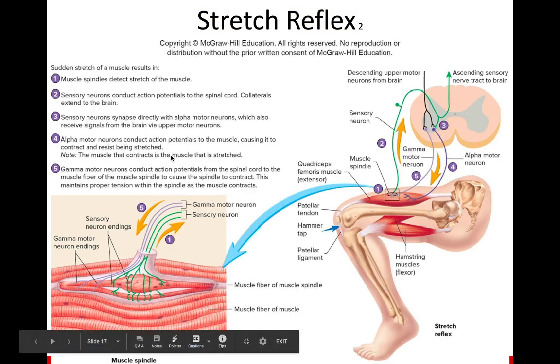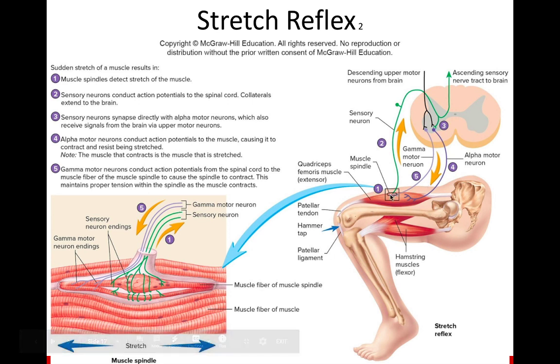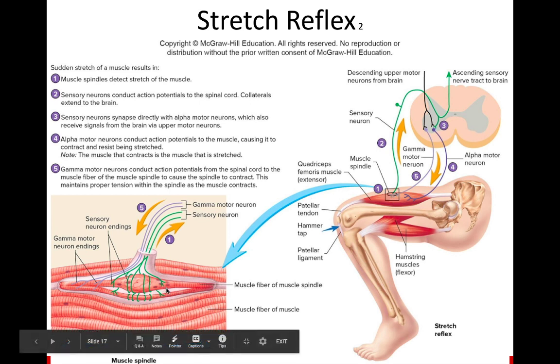So here's a picture of it. Here we can see the muscle spindle. We're going to magnify it here. So here is our muscle spindle. We have 2 or 3 cells that are part of our muscle spindle here. And again, they detect that the muscle is being stretched.